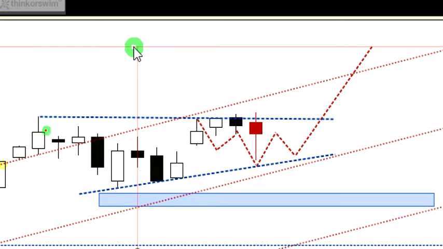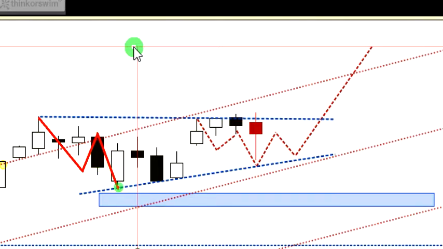So, you can kind of see this little zigzaggy pattern. This is pretty typical of a pullback, when you get a kind of an ABC.